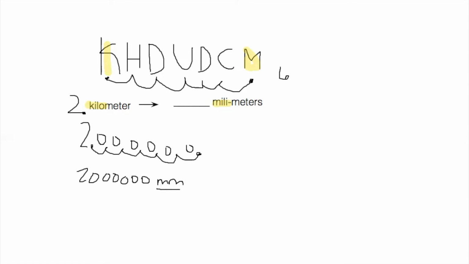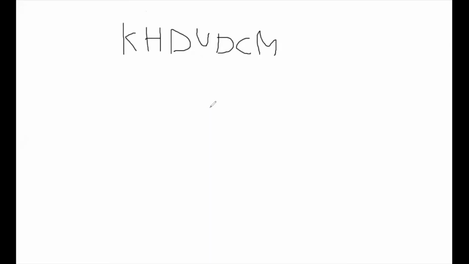Okay. Now let's say you want to go the other way. Let's say you have a gram, and a gram, as you remember, is part of the units category. So you have to start at the U because you are given a gram. So you have 2 grams, let's say, 2 g, which is grams.